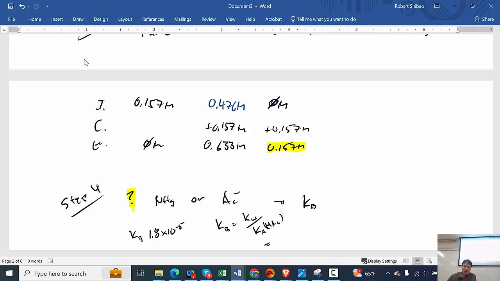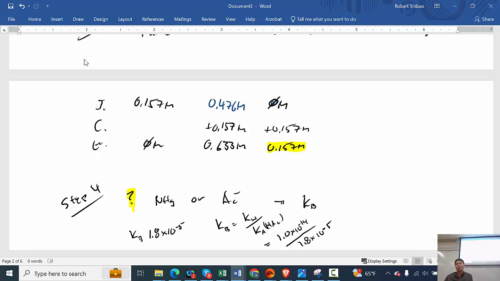Acetic acid is such a common acid in calculations, a lot of people just have it memorized like Kw. Kw is 1.0 times 10 to the minus 14. You don't have to have it memorized though. Ka for acetic acid is 1.8 times 10 to the minus 5. So it makes it easy to memorize because ammonia's Kb is 1.8 times 10 to the minus 5, and the Ka for acetic acid is 1.8 times 10 to the minus 5. So you have two numbers for one memorization.